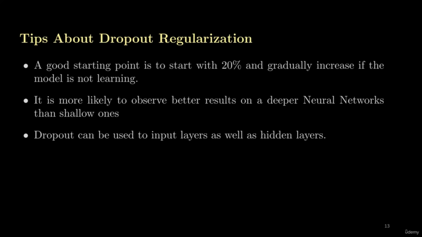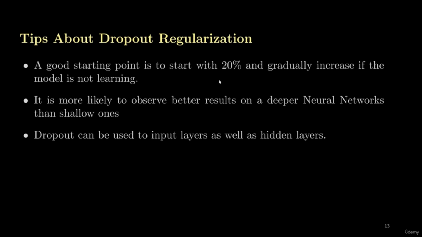So in this lecture, we learned about the important points of dropout regularization. Dropout regularization is useful if your model is deeper and if you have a large data set. A good starting point is to start with a small value of dropout, that is, dropout equal to 20% or 0.2.